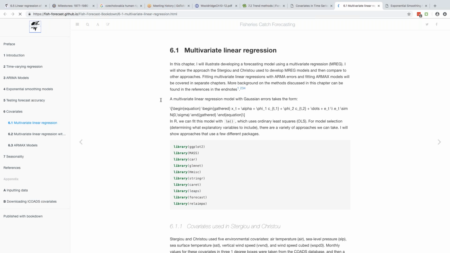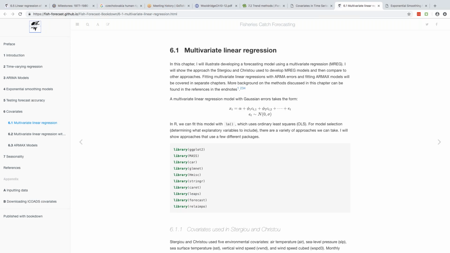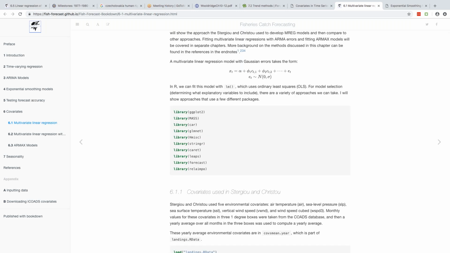See if this comes up. Okay, so I wrote up this chapter for fisheries catch forecasting. In catch forecasting, they're just using a catch time series and trying to use some covariates to explain that catch variability. There's a little cottage industry in doing this. People do this a lot, and they use stepwise variable selection widely.